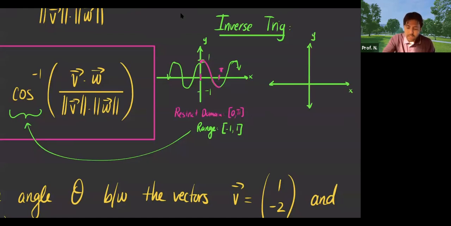So in a sense, I'm taking this graph here and I'm rotating it while reflecting it in such a way that my x-axis becomes my new y-axis. So vertically, this becomes 0 to pi. And then my y-axis becomes my new x-axis.